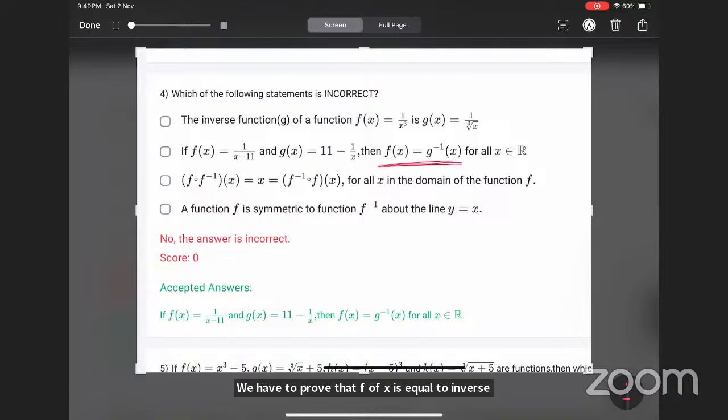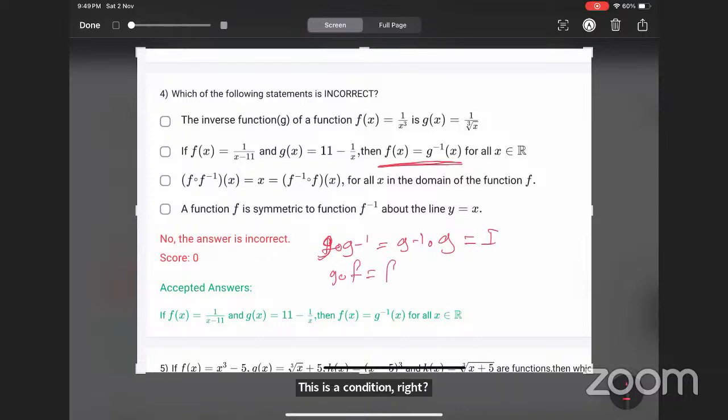If this happens, then we know that f compose f inverse, g compose g inverse equals g inverse compose g equals identity, right? That we know. This is the condition. That means g compose f equals f compose g equals identity.